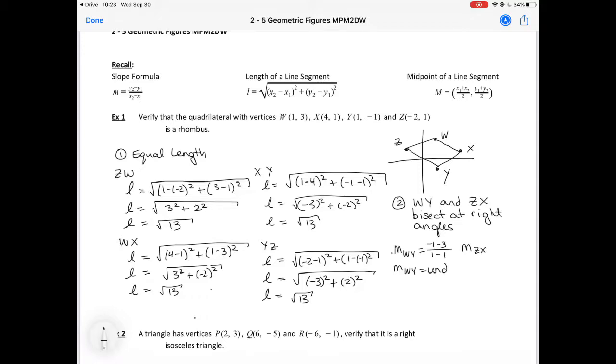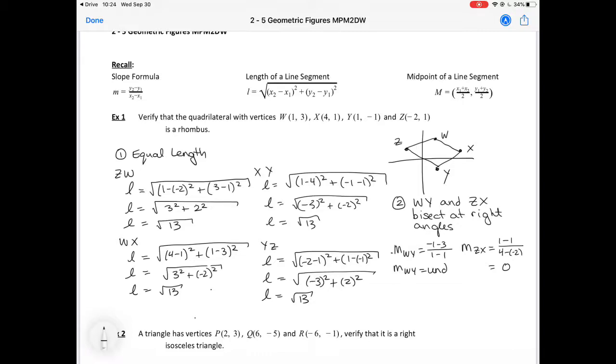Then I need my slope of ZX. And then I'm going to have y2 minus y1 over x2 minus x1, which is going to give me 0. So they're negative reciprocals, which is good because they're opposites.